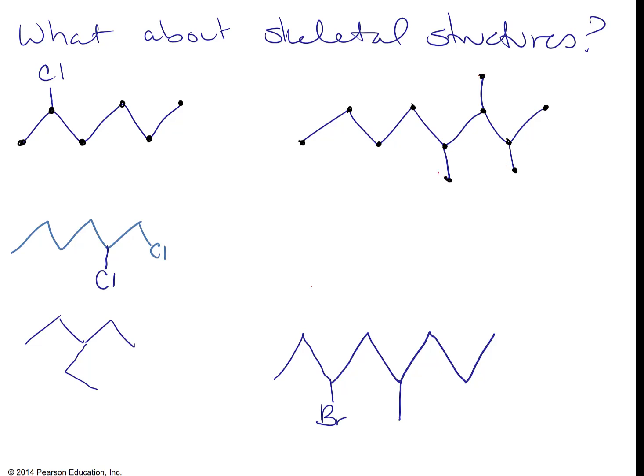There's 11 carbons total in that structure. So if you see a line sticking up, what is this? It's a CH3, so it's a methyl group. If you see a line sticking off of a skeletal structure, it's a methyl group. How many carbons in the next one?